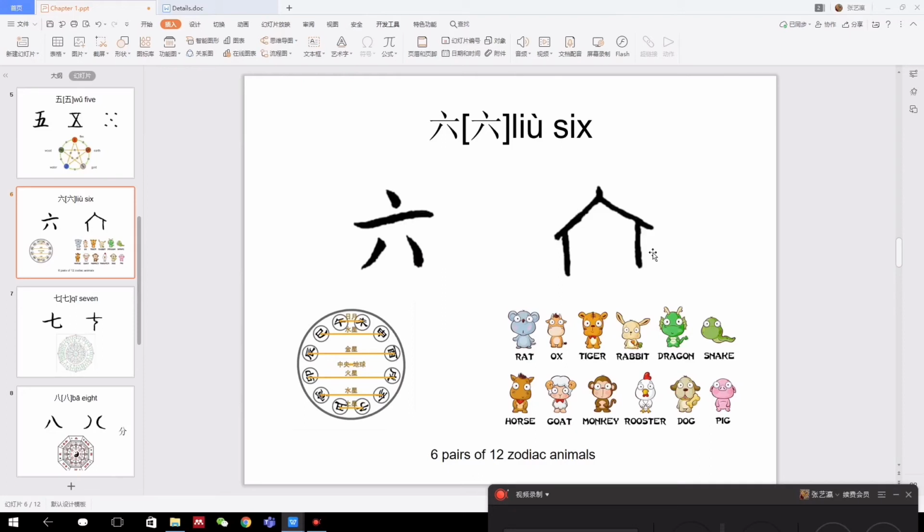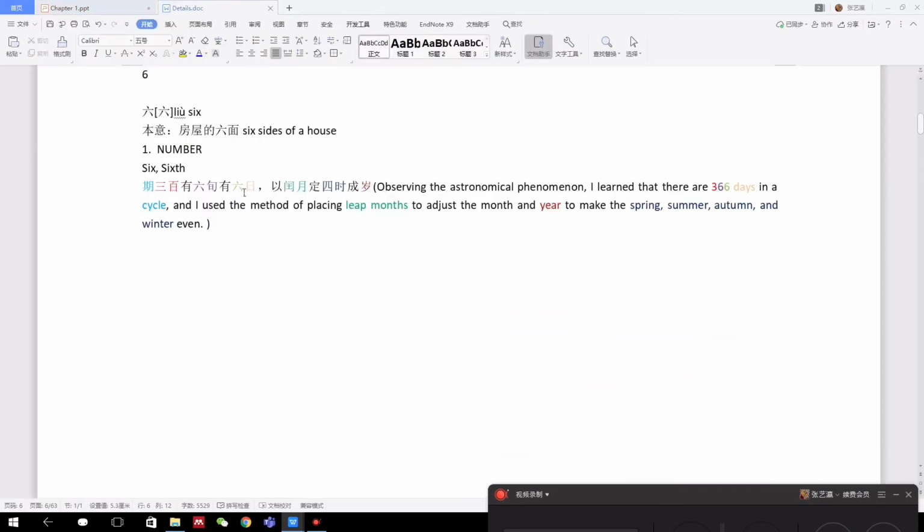For example, 期三百有六旬有六日，以闰月定四时成岁. 期 is cycle, 三百 is 300, 六旬 is 60 days, 六日 is 6 days.